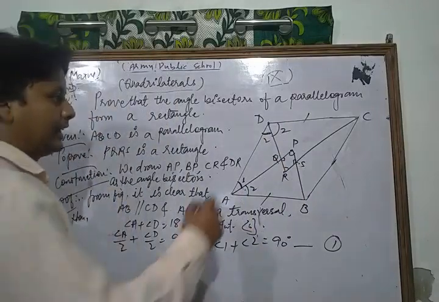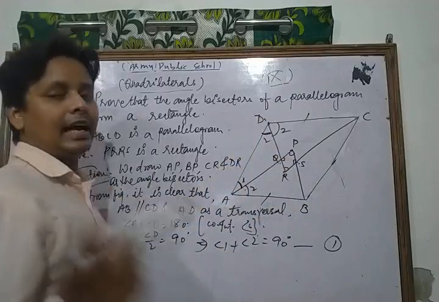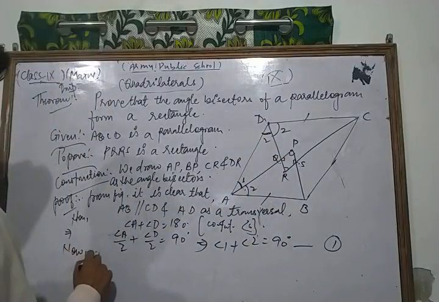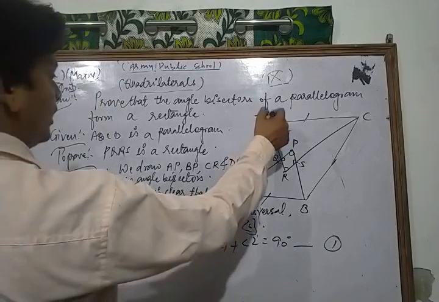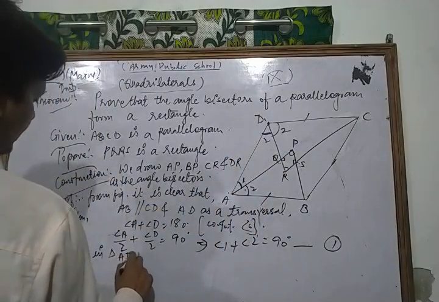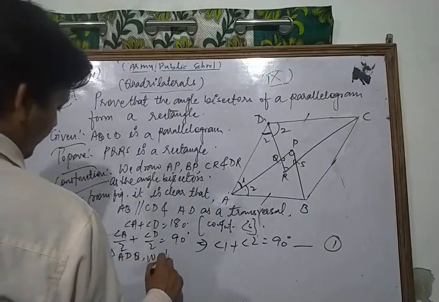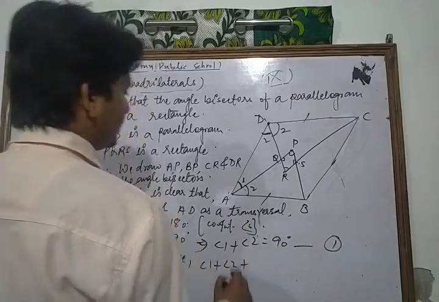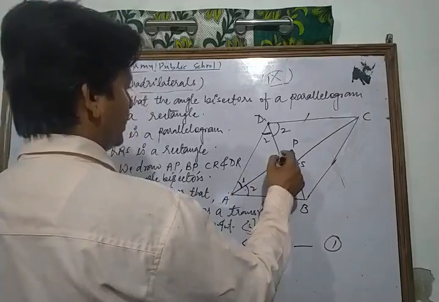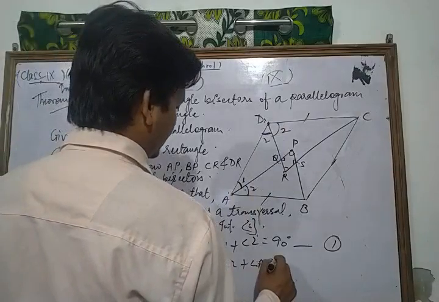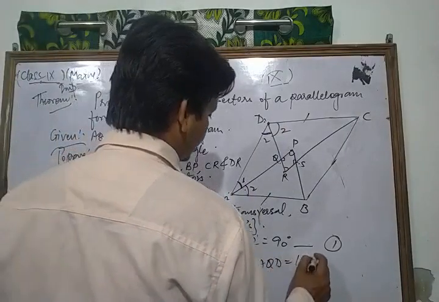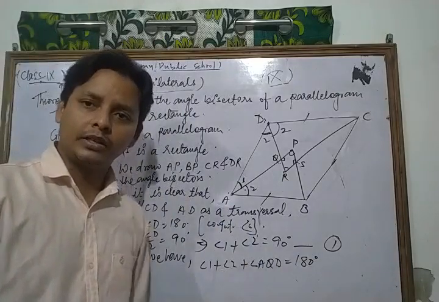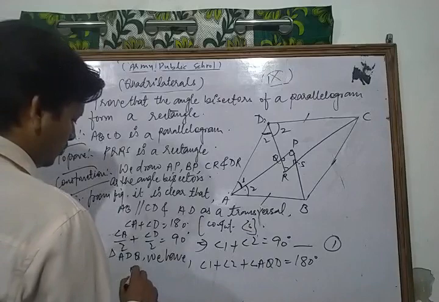Now we take triangle ADQ and apply the angle sum property of a triangle. In triangle ADQ, we have angle 1 plus angle 2 plus angle AQD equal to 180 degrees, because we know that the sum of all interior angles of a triangle is 180.